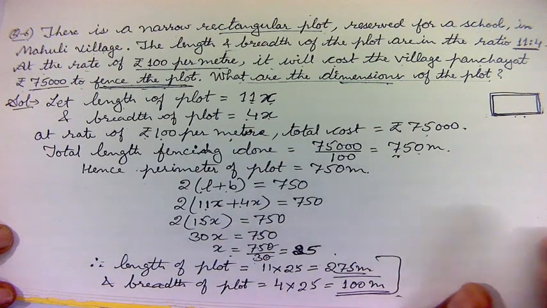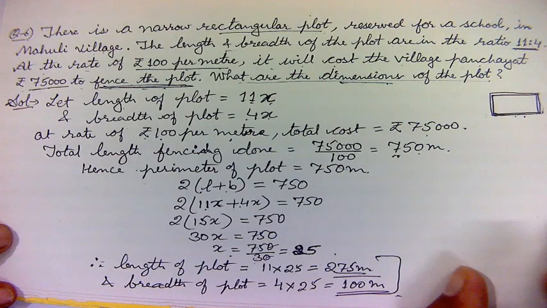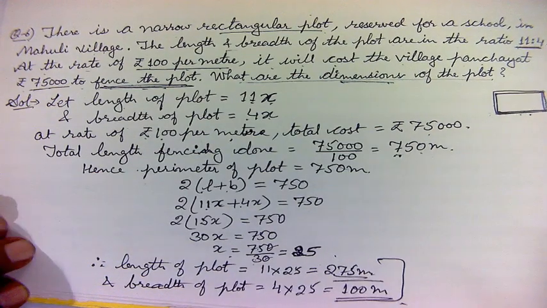So these are the two dimensions of the plot. Length is 275 meters and the breadth is 100 meters.